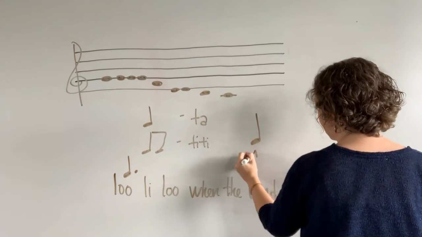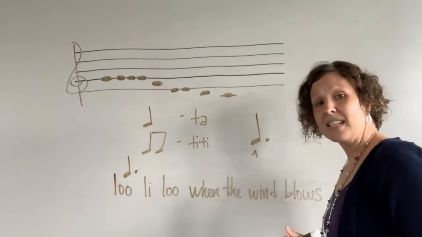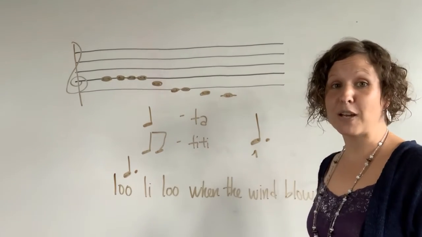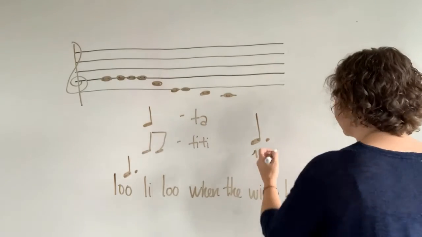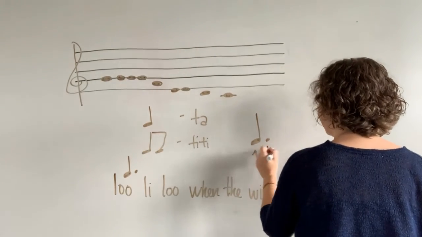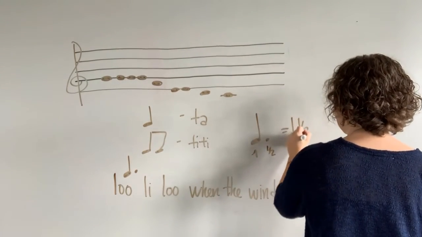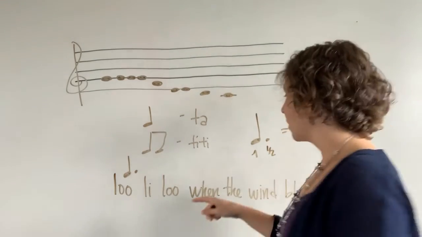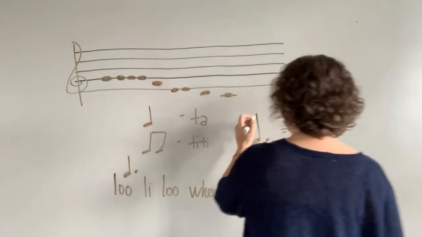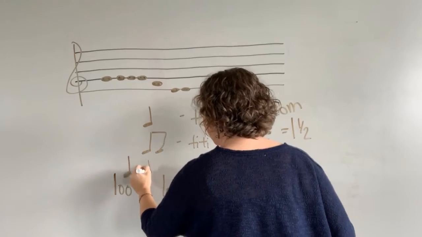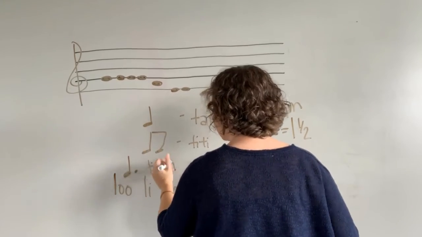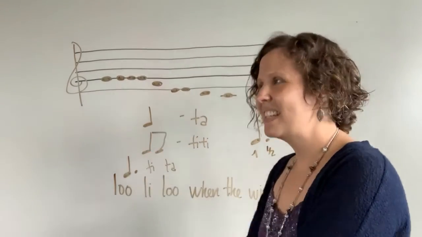Ta is worth 1 beat. And then the dot is worth half of whatever it follows. So 1 is 1, half of 1 is half. So the whole thing becomes 1.5 beats. And it's called a dotted ta. Tom, ti, ta, tom, ti, ta.